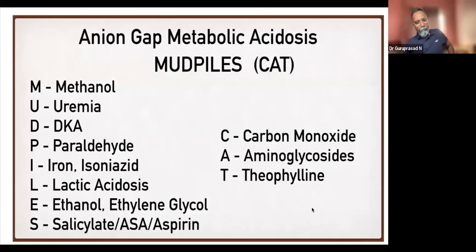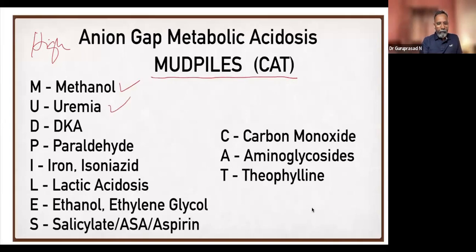So what are the causes of high anion gap metabolic acidosis? There is a mnemonic called MUDPILES CAT. So methanol, uremia, diabetic ketoacidosis. Basically, it can be diabetic, starvation, or alcoholic ketoacidosis, so any ketoacidosis can cause high anion gap metabolic acidosis.